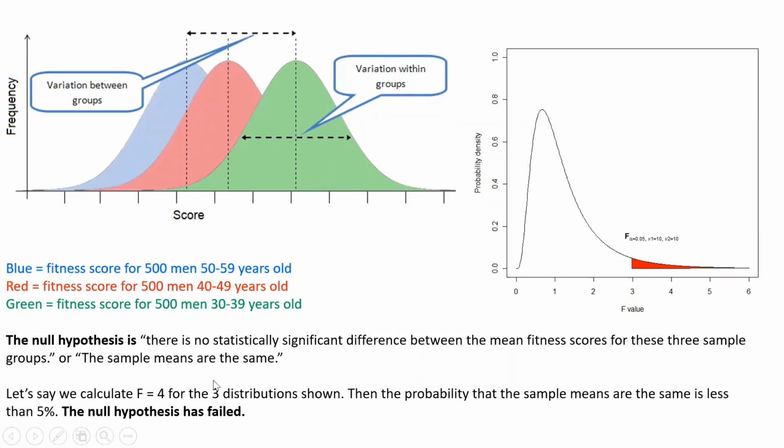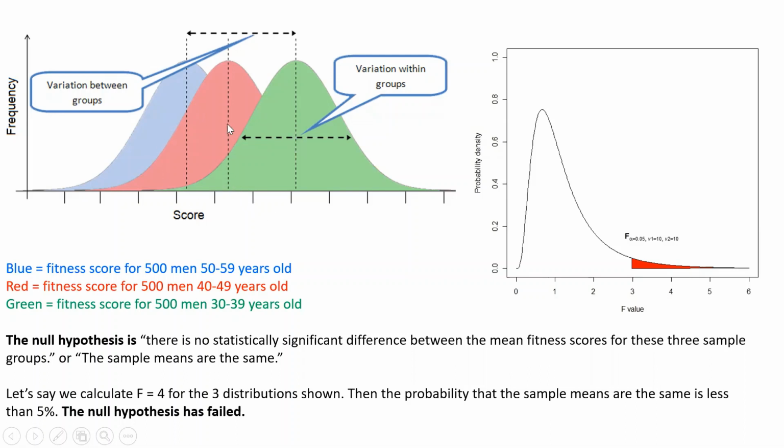Let's say we calculate F equals 4. If F is equal to 4, then the probability that the sample means are the same is less than 5%, and we're going to say that our null hypothesis has failed, which means that the mean score for the 30 to 39-year-olds is different, maybe, from the 40 to 49-year-olds or the 50 to 59-year-olds.